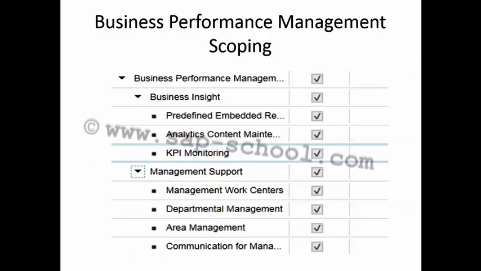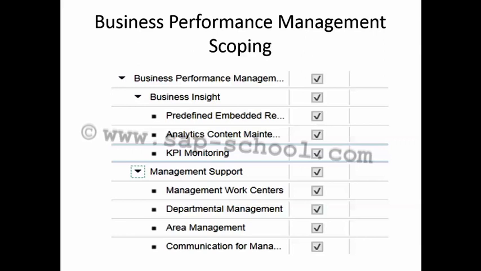Then we have the business performance management scoping. The management by exception functionality in the SAP solution empowers our managers to gain more control over the business and make the better informed decisions. With the SAP solution, our managers can easily spot the trends and opportunities and detect the variances from the plans.